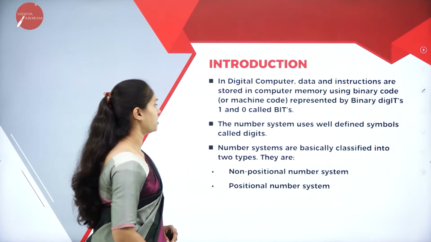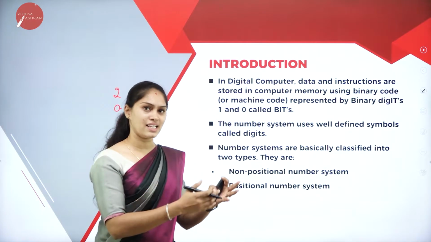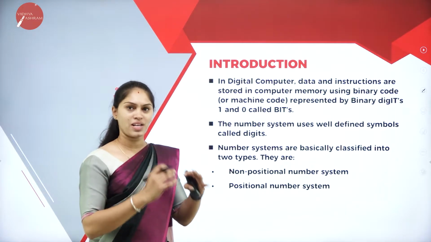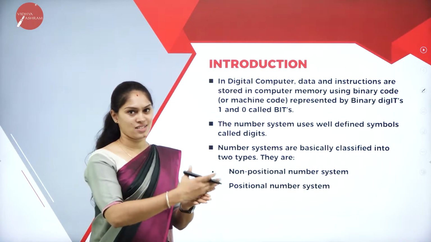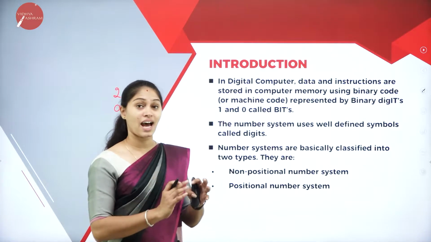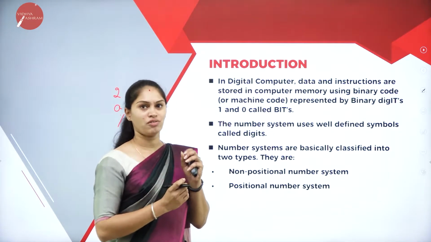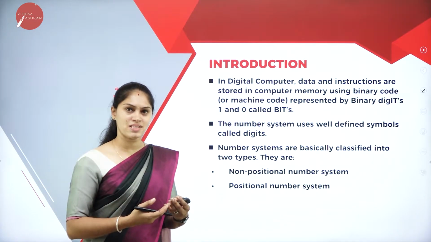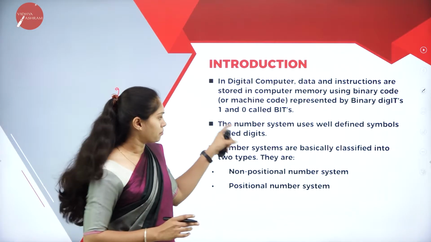Okay, so in order to make the computer understand those zeros and ones, we have a number system. As we all know, the computer understands only zeros and ones. Then how are we going to represent those numbers? For that we have the representation of a number, what digits we have and how we represent them; everything comes under the number system.